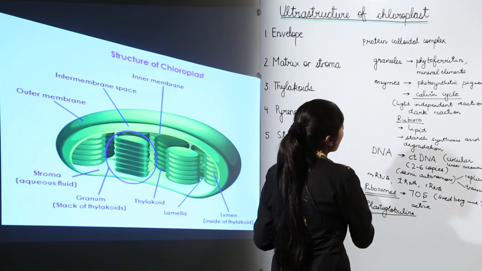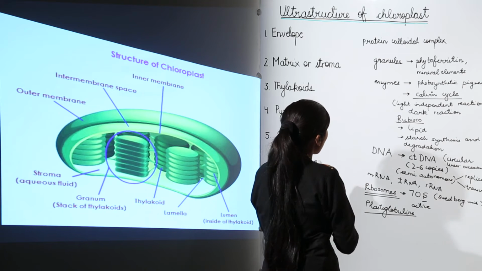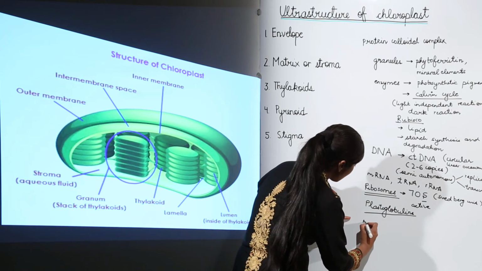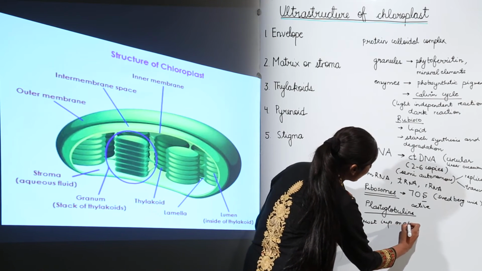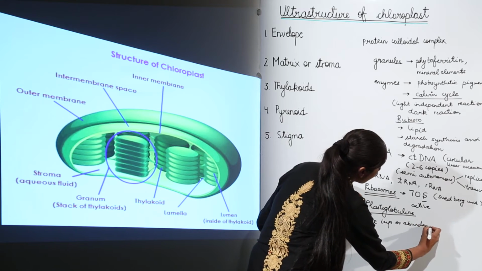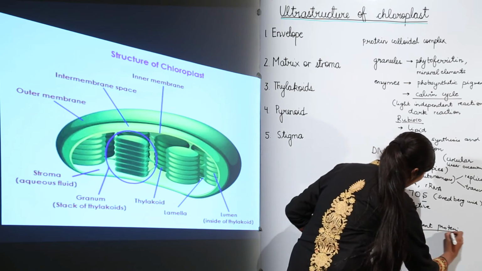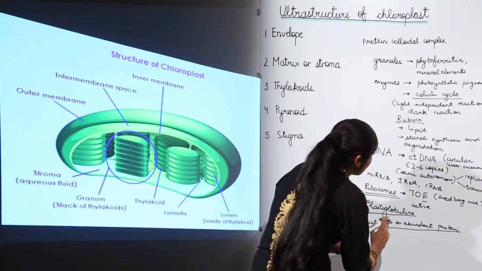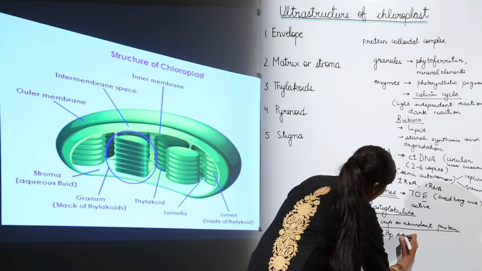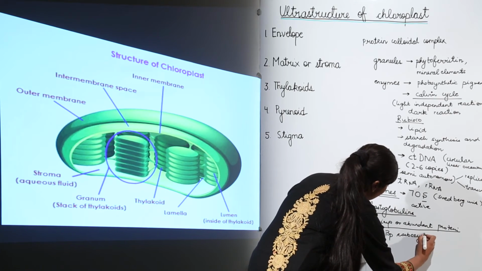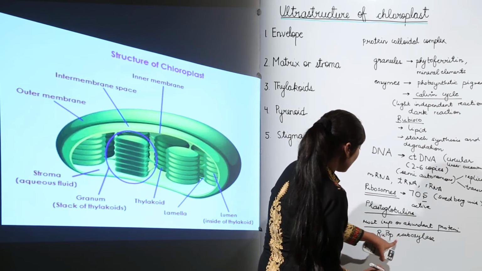Then after this, just remember that there are some very important proteins also, and the most important or abundant protein in the matrix, I am just giving you one example, is RUBP carboxylase.